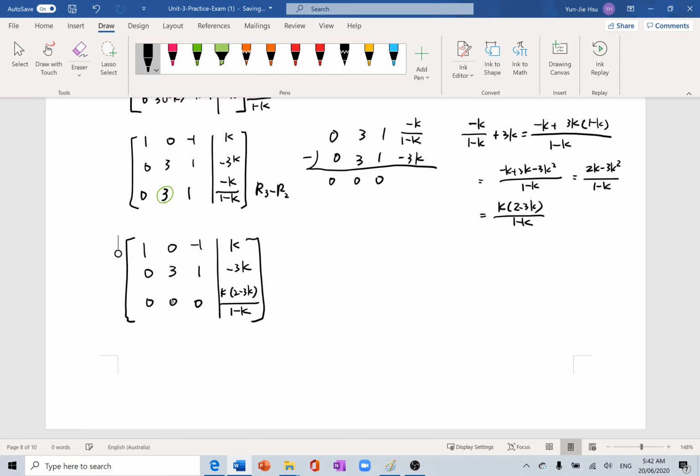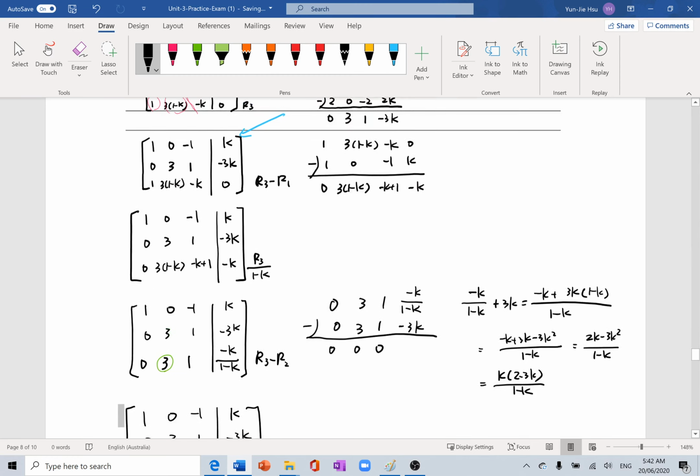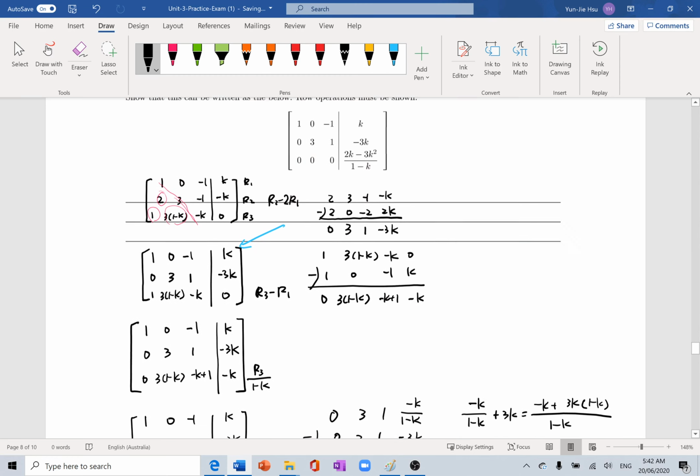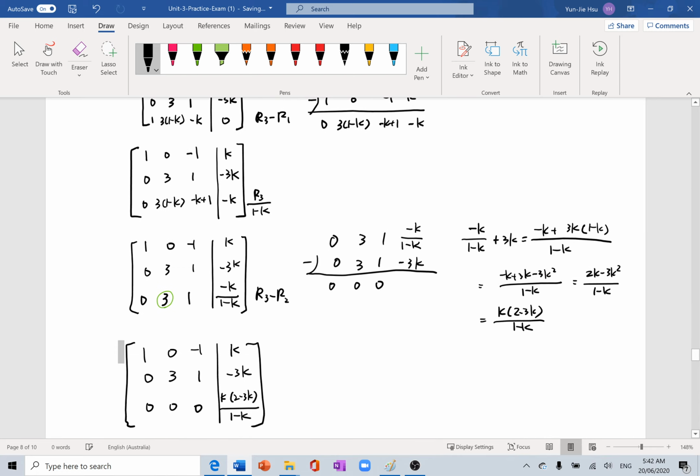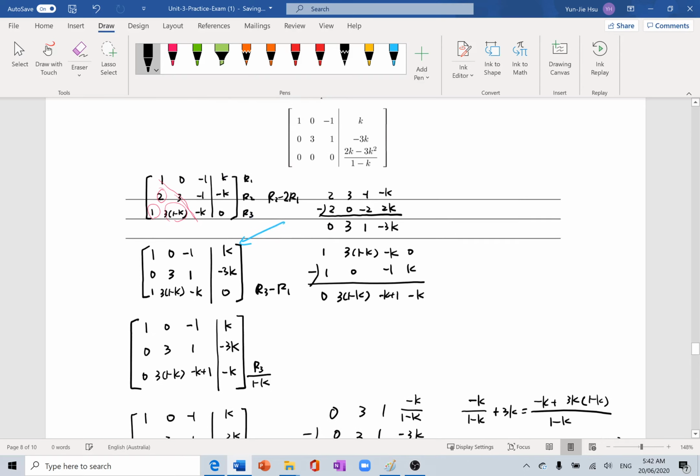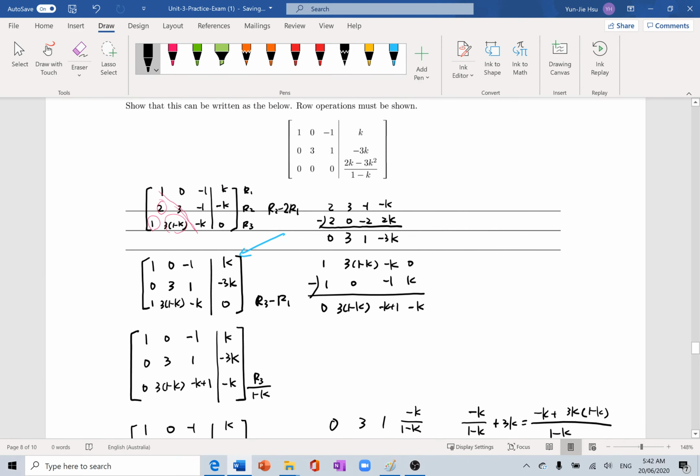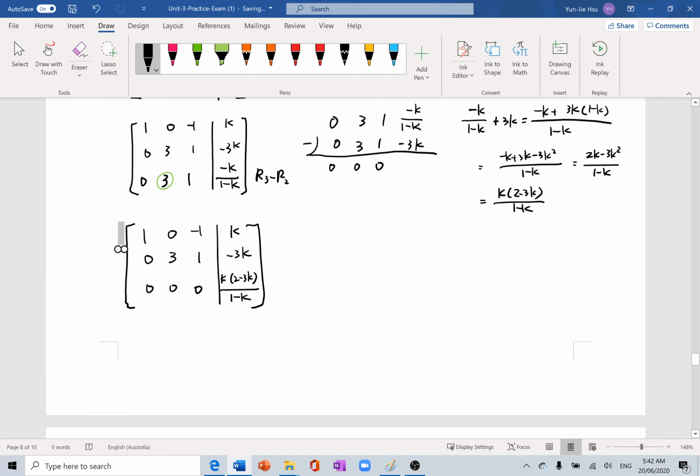Okay. Yes. Oh, here they don't need to factorize, so I just rewrite it.